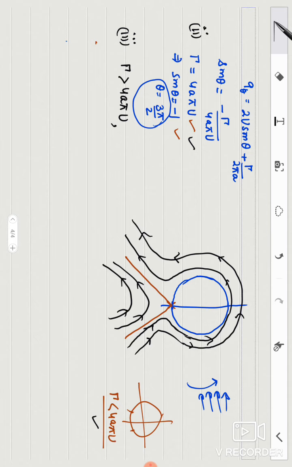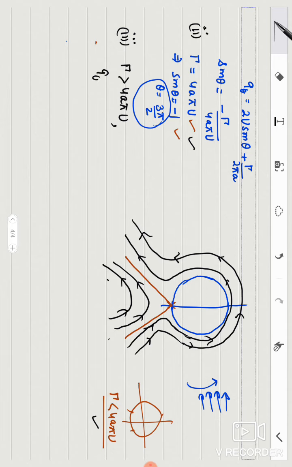If you look at this situation, we also know that theta lies in second, third or fourth quadrant because sine theta is minus 1.